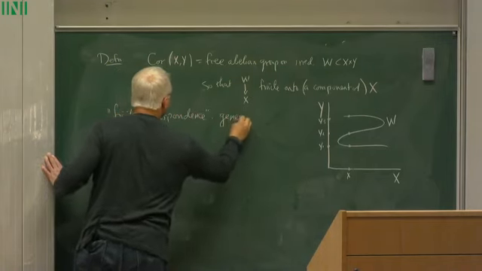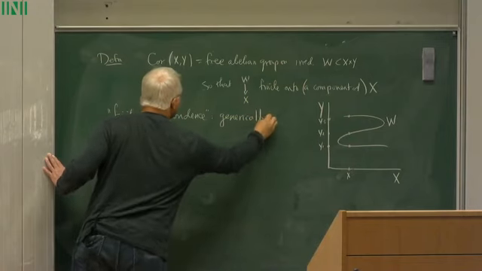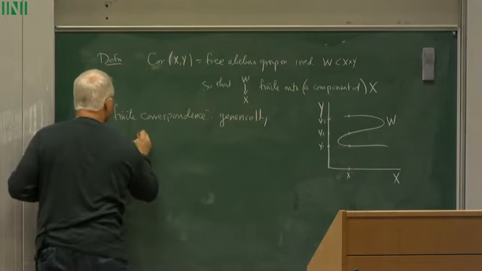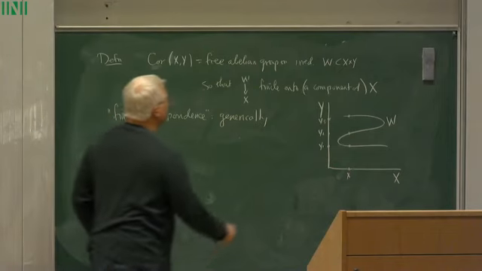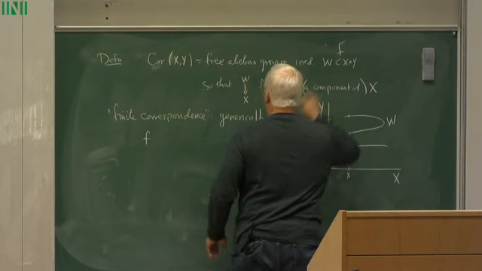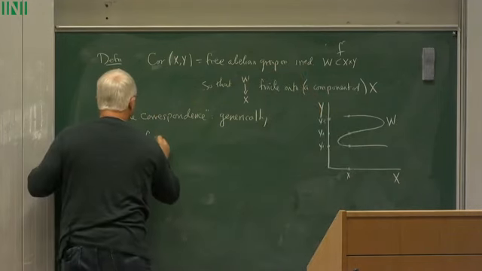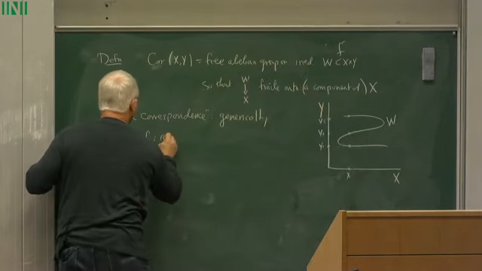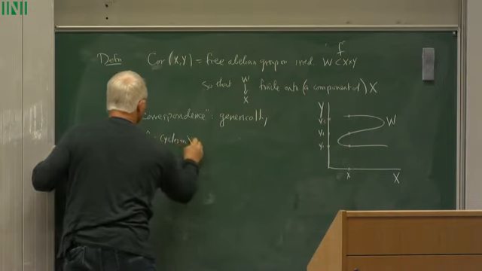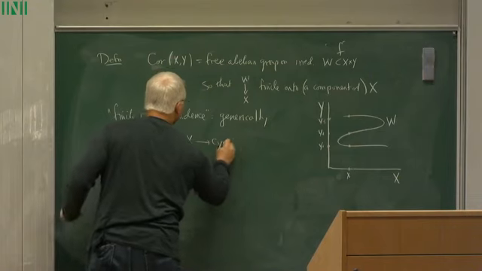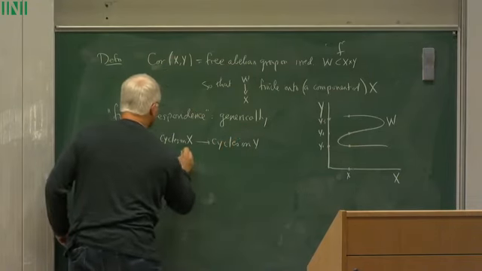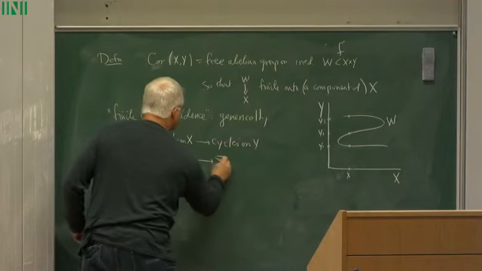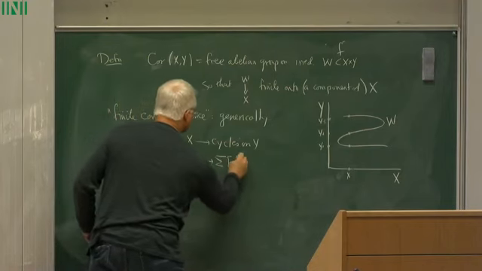So generically, the map F, so I'm just going to call this F, from cycles on X to cycles on Y takes the class of x and it maps it to the sum of the classes of the yi's.